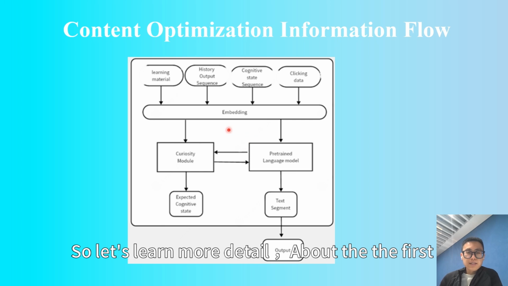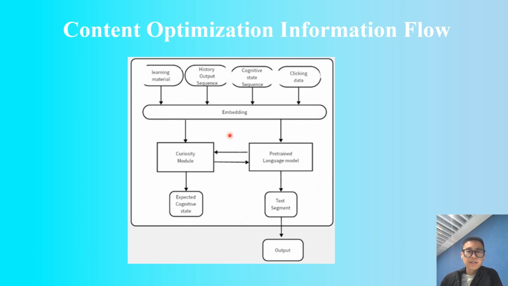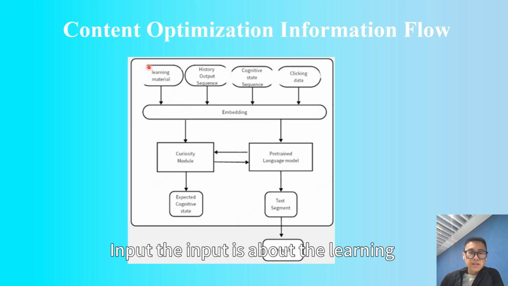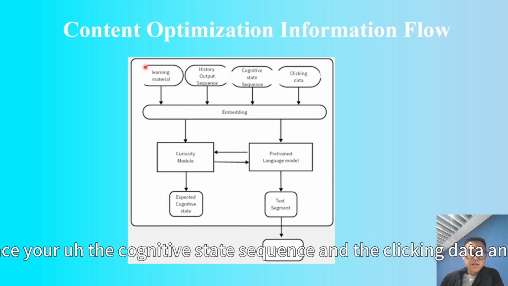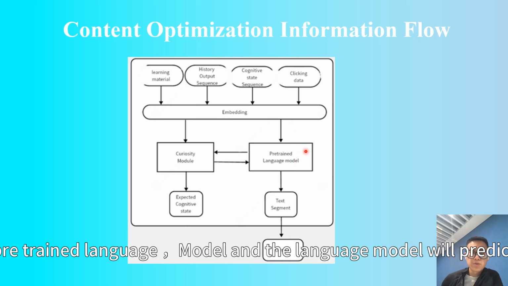So let's learn more detail about the first one, the core part of this system, the content optimization information flow. Basically, the input is the learning material, the history output sequence, the cognitive state sequence, and the clicking data. Through the embedding layers, it is given to the pre-trained language model.